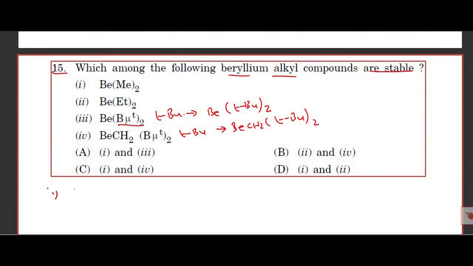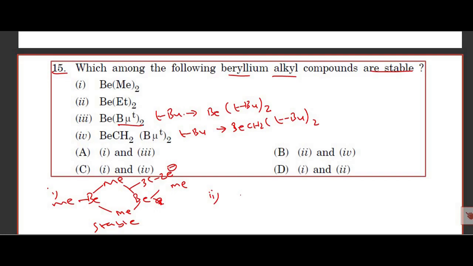In option 1, this compound will dimerize like this: Be Me, here it is Me. So it shows a 3 center 2 electron bond. It is more stable because it forms a dimer.